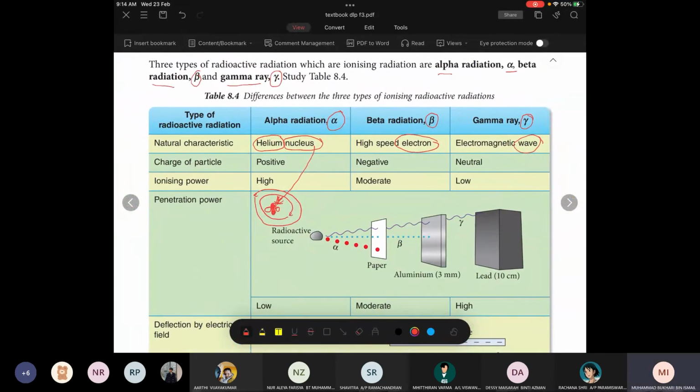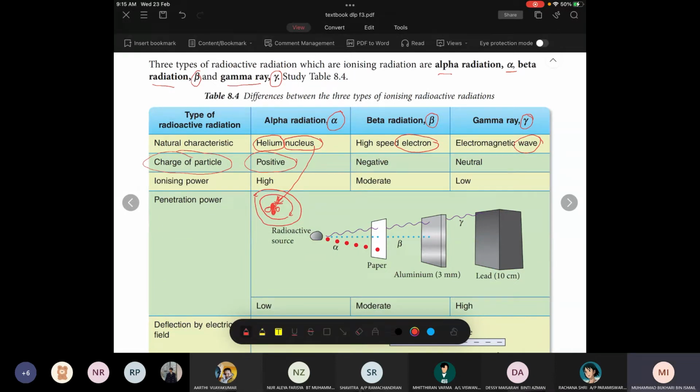And then alpha radiation. What about the charge? The charge of alpha particle is positive. Can you tell me why? As I mentioned earlier, alpha is the nucleus of helium.